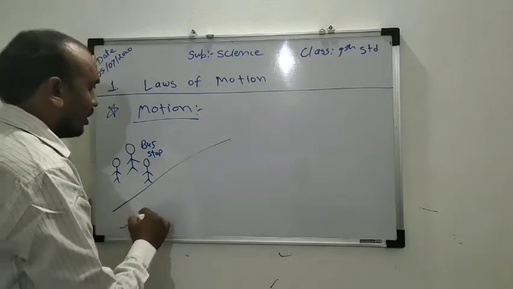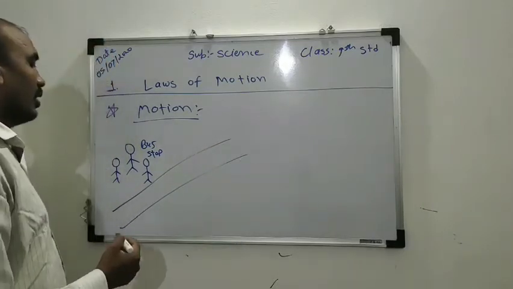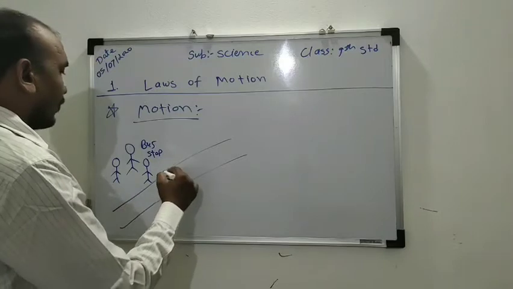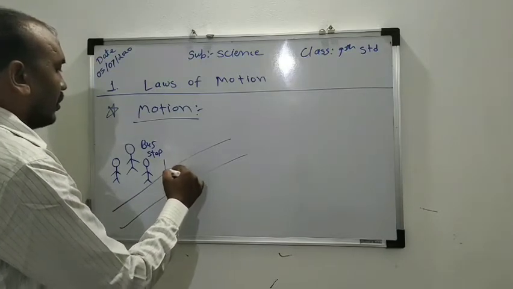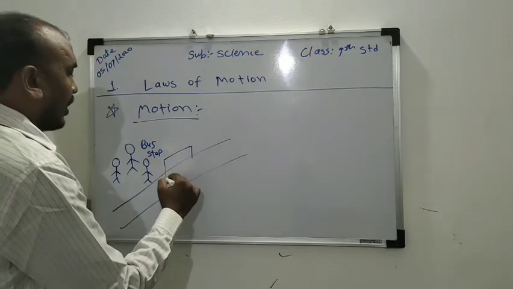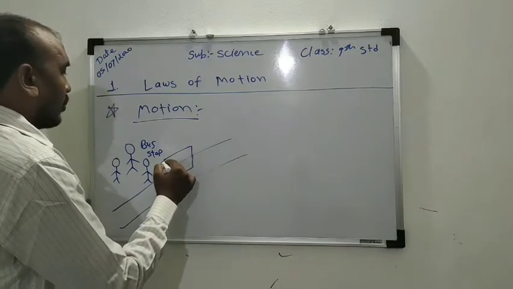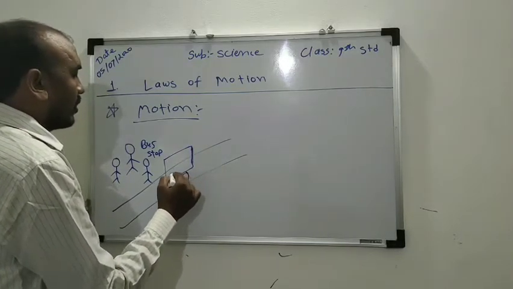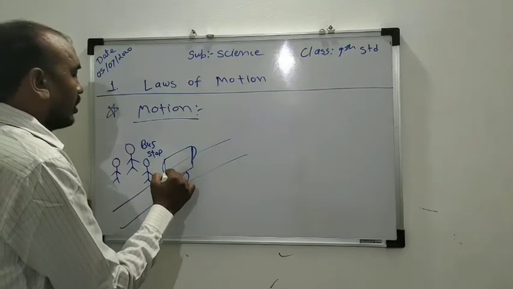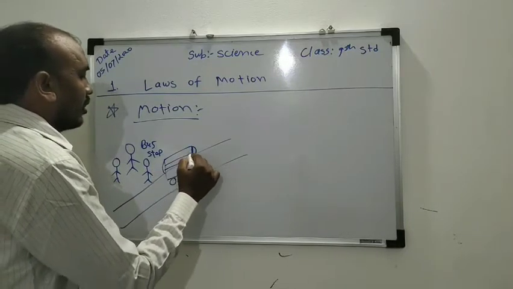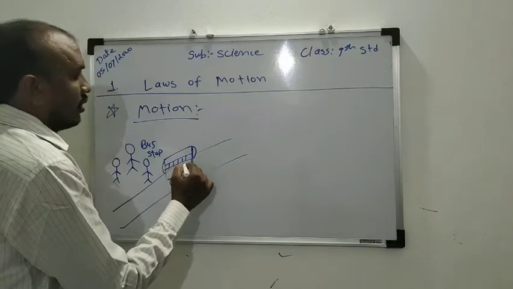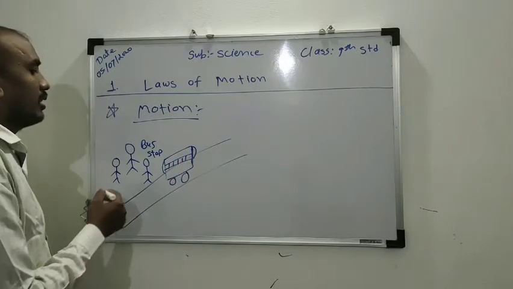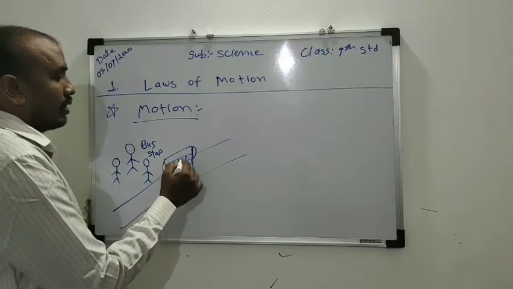The bus will be coming here. But this is a private bus, not a government bus, so it will not stop here. Okay. So here is the bus, and here is a person sitting inside the bus.